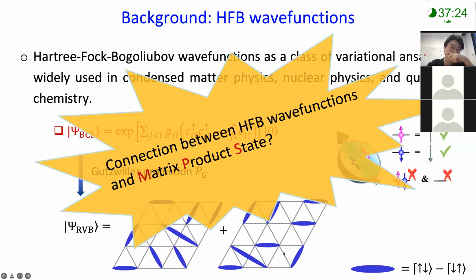And meanwhile, MPS is also widely used as a variational approach to quantum many-body systems. So we can have a very natural question: can we make some generic connection between Hartree-Fock-Bogoliubov wave functions and the matrix product state?